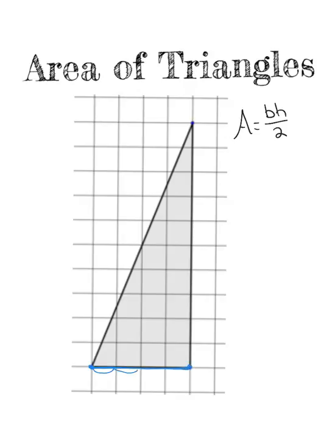We would say that is 1, 2, 3, 4. So our area is going to equal 4 times, and then we need to do our height from this point to the tallest point. 1, 2, 3, 4, 5, 6, 7, 8, 9, 10. So we have 4 times 10 divided by 2.